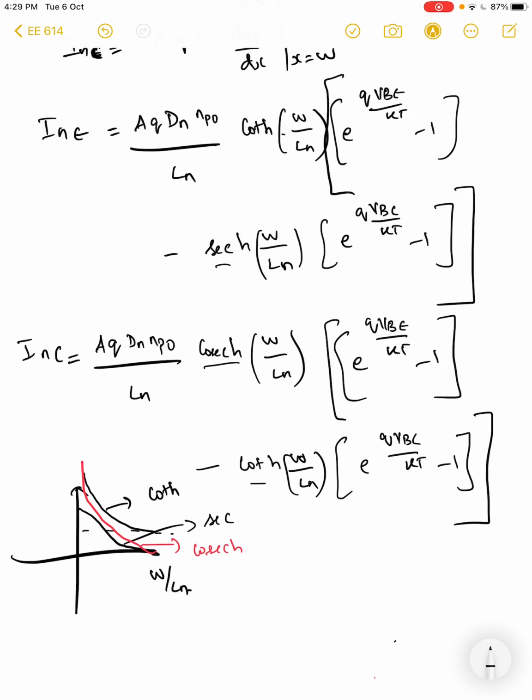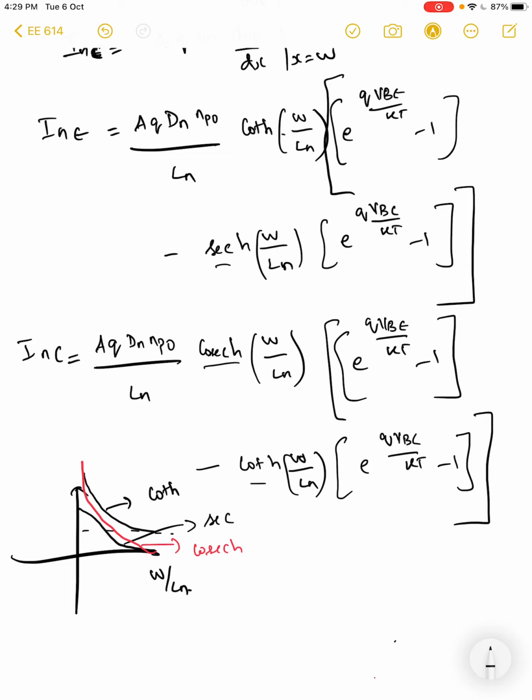So what it means is, if we have width by length to be really large, a really large junction, a really large base, then the collector current basically becomes 0. So let's go here.